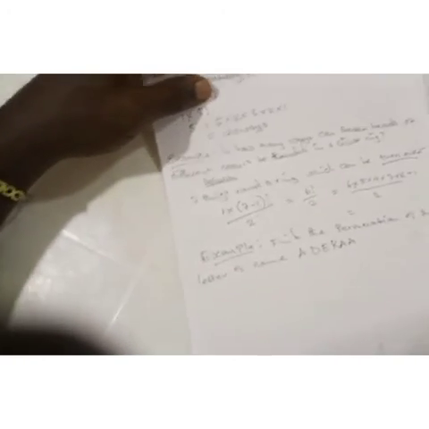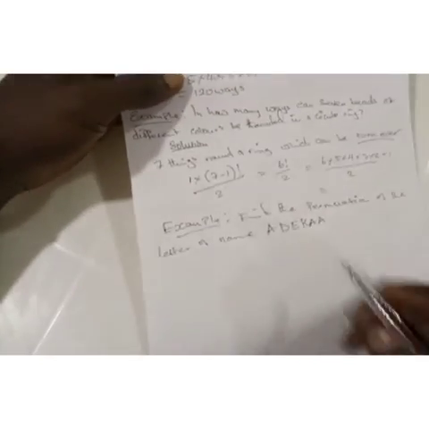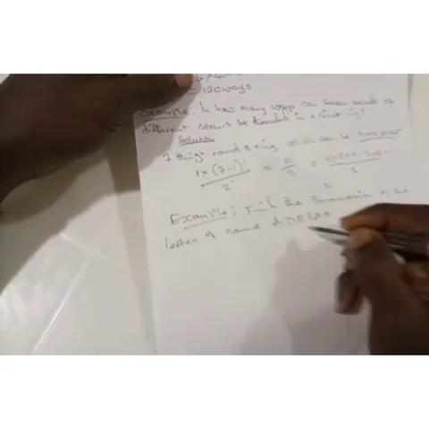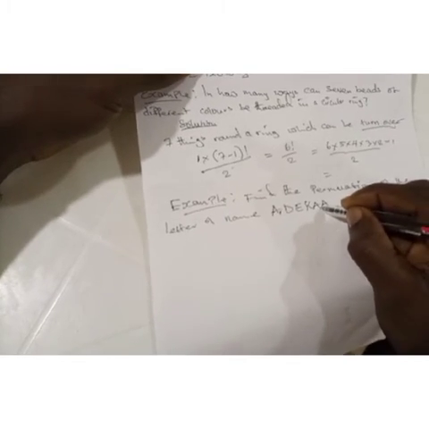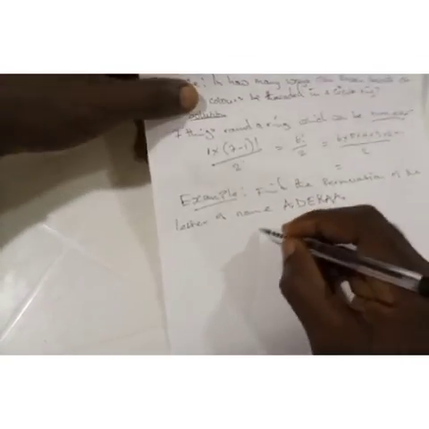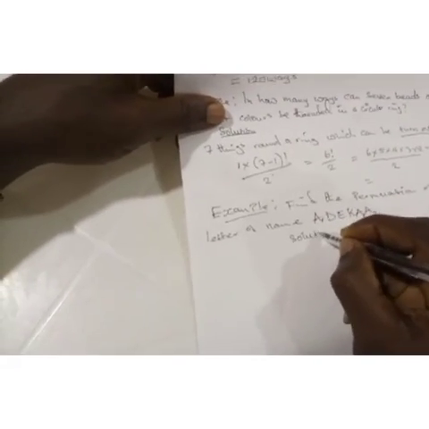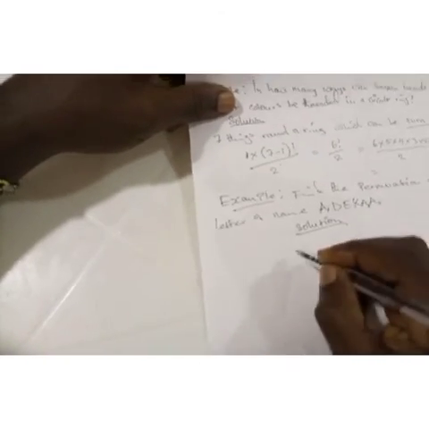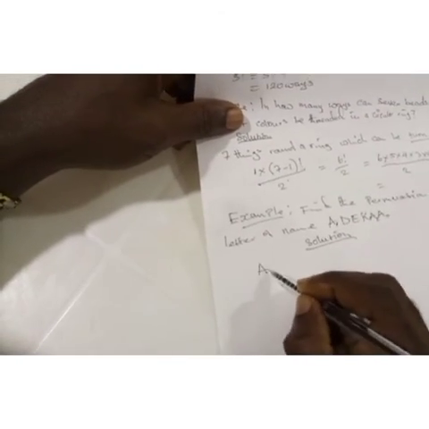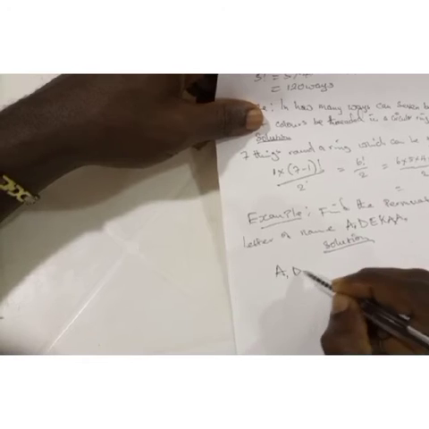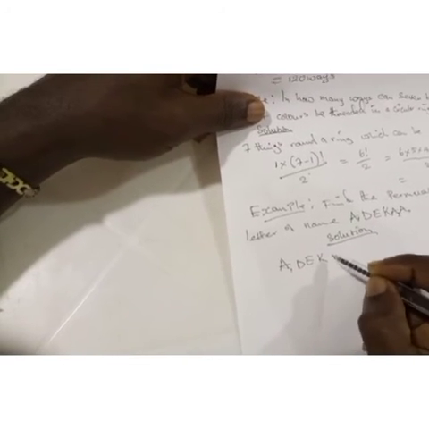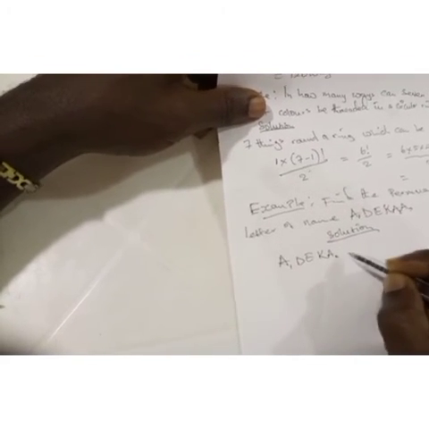In the indistinguishable case, we first assume the A's to be different, so we call them A1, A2, and A3. Solution: when the A's are different, we can write A1, D, A2, K, A3 and so on.